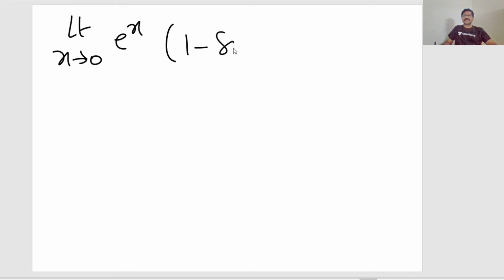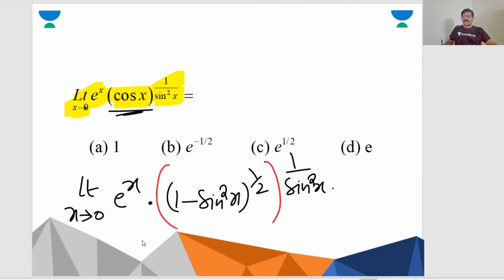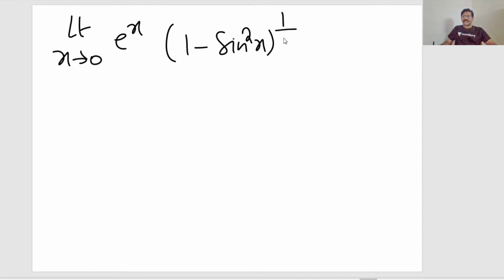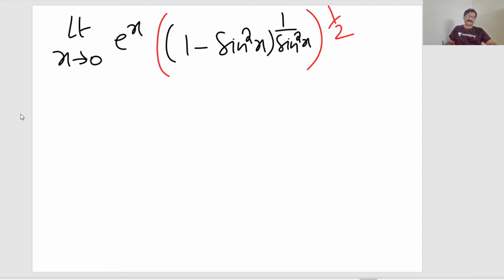This can be written as limit x tends to 0, e^x times ((1 - sin²x) power 1/sin²x) whole power 1/2. Right?